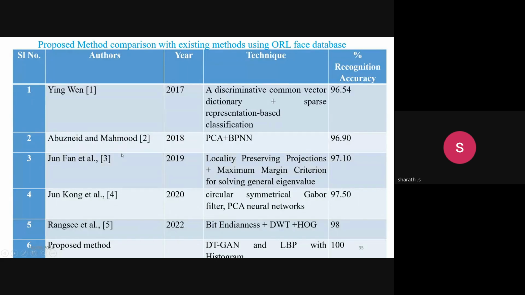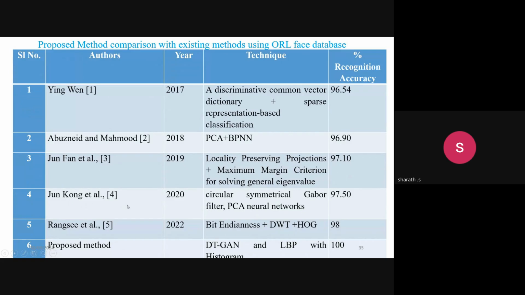Then Mohammed in 2008 used PCA and BPNN. His recognition accuracy was found to be 96.90. Then Jan, Fan, et al. used locality preserving projections plus maximum margin criteria for solving the generalized eigenvalue problem. The recognition rate was found to be 97.